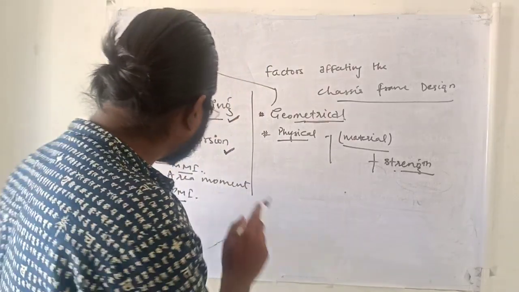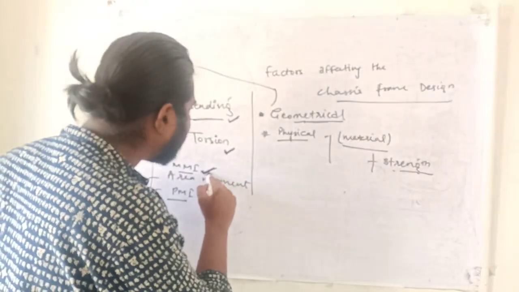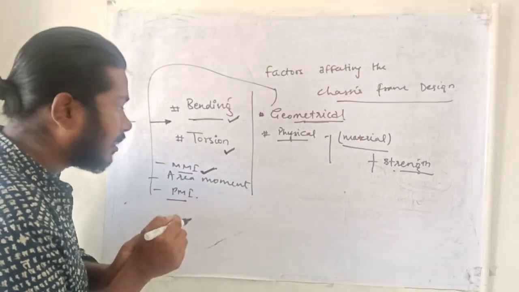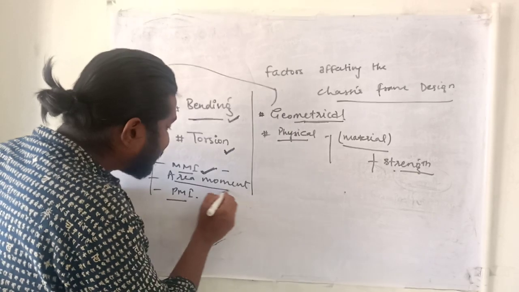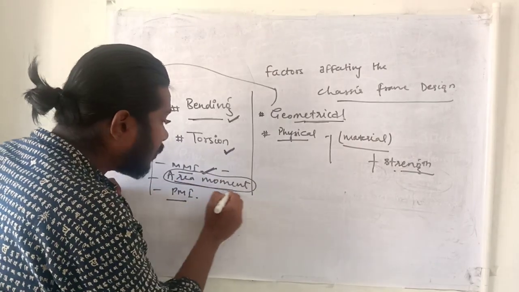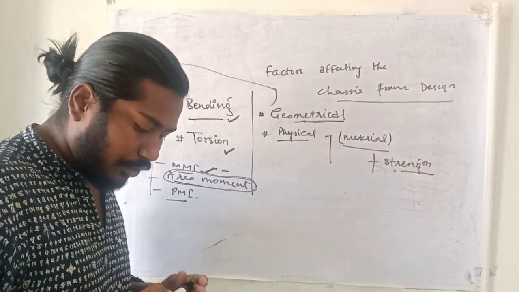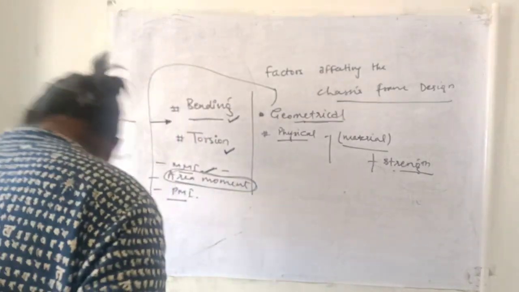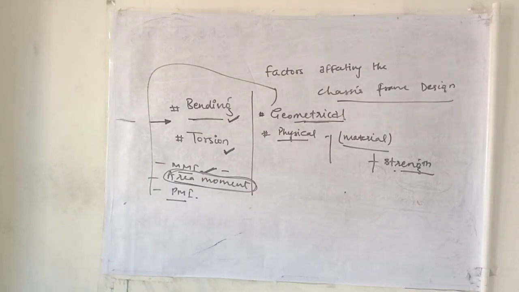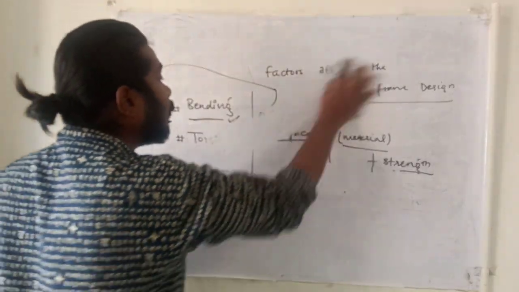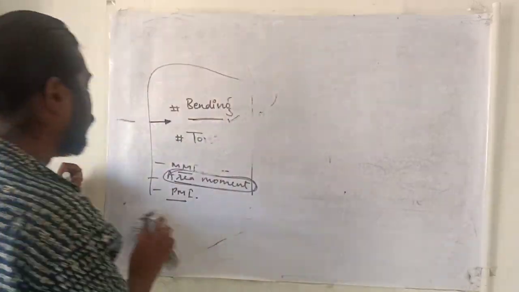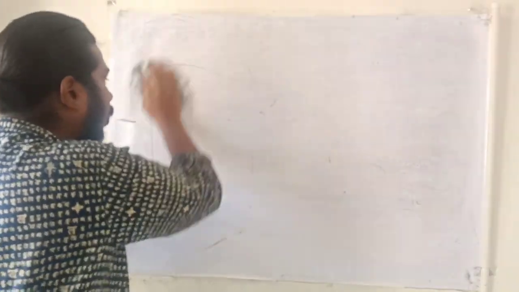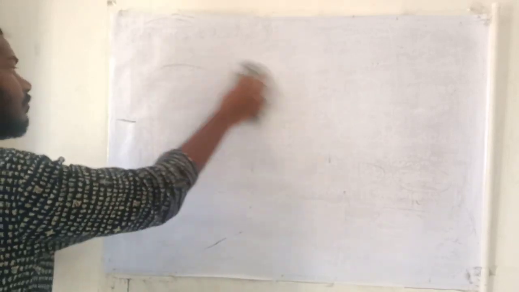We saw yesterday the effect of moment of inertia in the chassis frame design, which very much includes the forces. Now, what is the implication of area moment of inertia? And what do we basically mean by area moment of inertia? We all know what inertia is, and what a moment is.